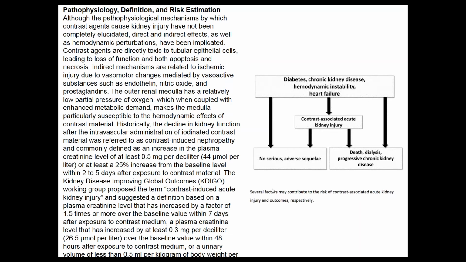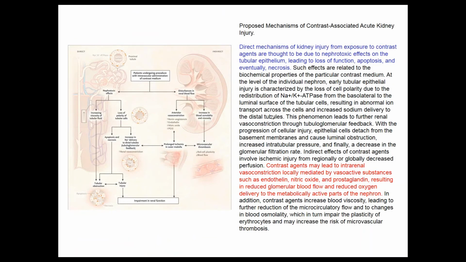So there are several factors that could contribute to the risk here, including age of the patients, direct mechanisms of kidney injury from the contrast agents due to putative nephrotoxic effects on the tubular epithelium, loss of function, apoptosis, and necrosis. The hope was that isosmolar contrast agents would attenuate these putative actions.